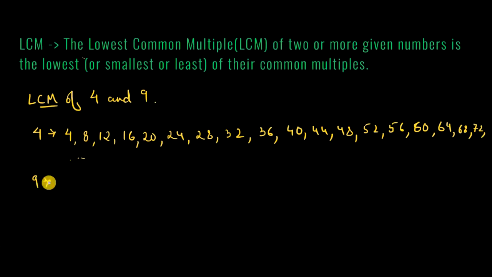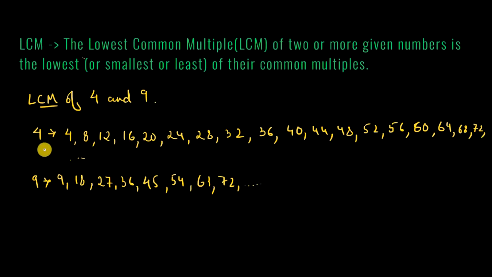And the multiples of 9 will be 9, 18, 27, 36, 45, 54, 63, 72, and so on.